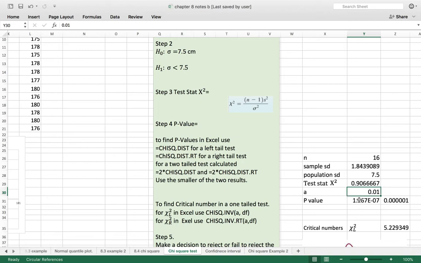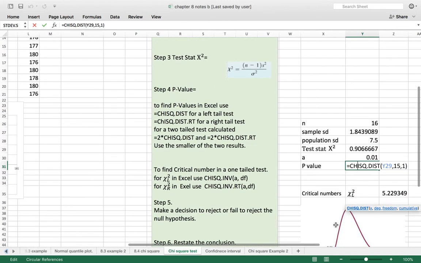So if we look right here, this is a left-tailed test. So we're going to use our chi-squared distribution for a left-tailed test with our x being our test statistic. So we're using that test statistic that we created, and our degrees of freedom, and that needs to be cumulative.